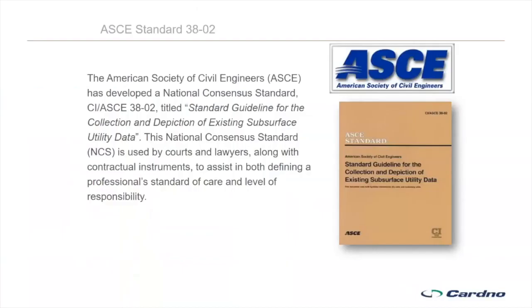Back in 2002, in a collaborative effort between FHWA at the time and ASCE, the standards were developed essentially to create a common language between utility owners, designers, and contractors, so that everyone started to talk about utilities in the same manner with respect to construction.